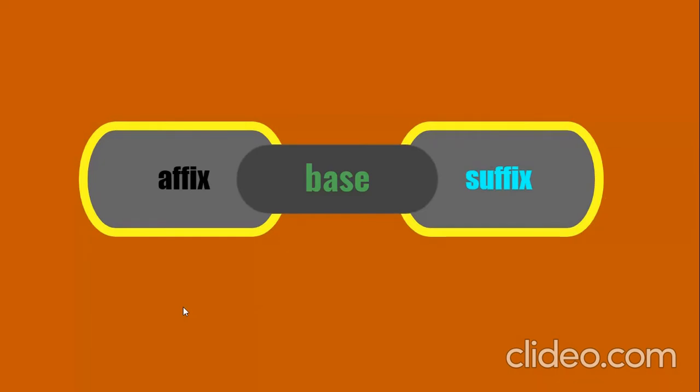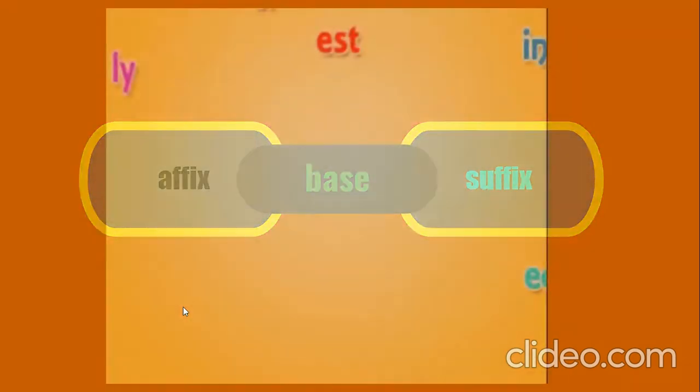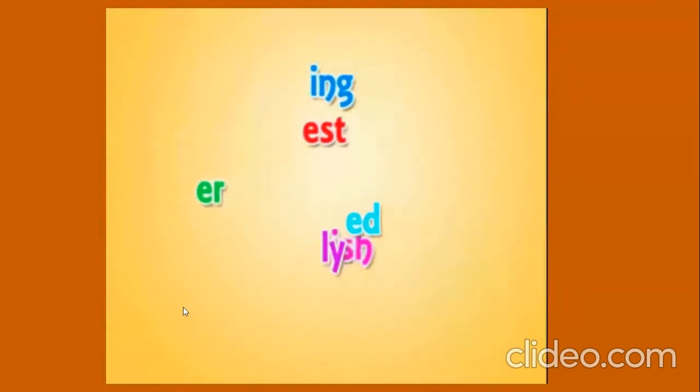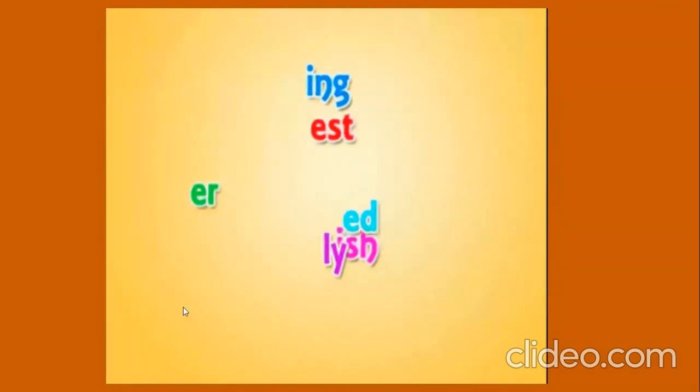So remember that the base word has a basic meaning, but when we add a suffix to our base word, then we are going to change the meaning of that word. Okay, so we're going to explain all of this in detail and slowly. Okay, let's go ahead and continue on our ride. Very good. So there are many, many suffixes in the English language.